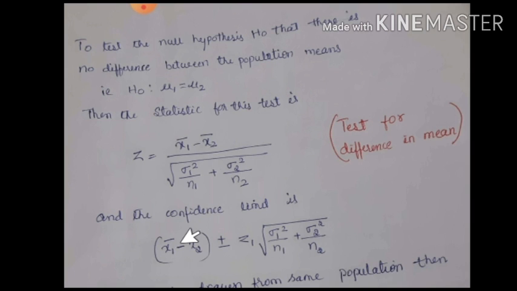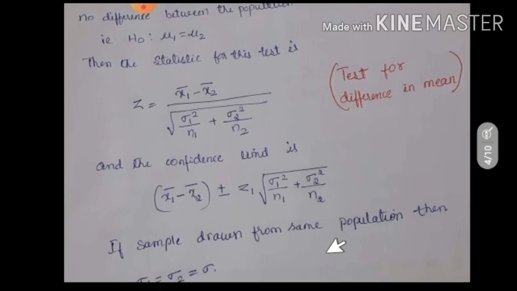In place of p, it is the difference of two sample means plus or minus z1, the standard z value, at 5% 1.96, at 1% 2.58, square root of sigma 1 square by n1 plus sigma 2 square by n2.